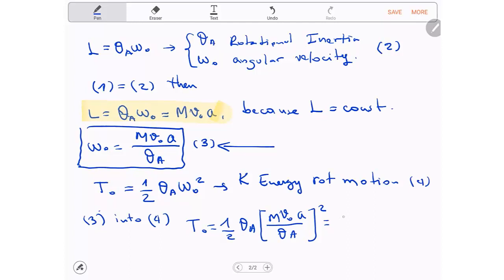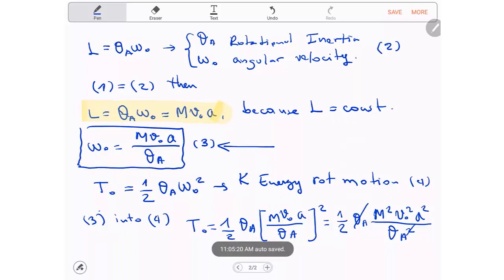We get 1/2 theta a m squared v0 squared a squared dividing theta a squared. So we can cancel this with this, and equation number 4 is finally like this.